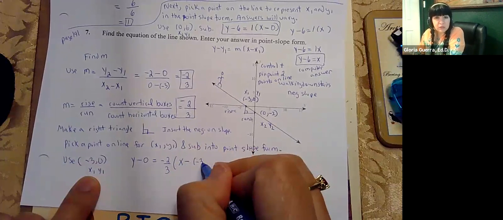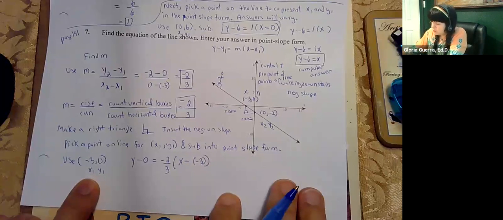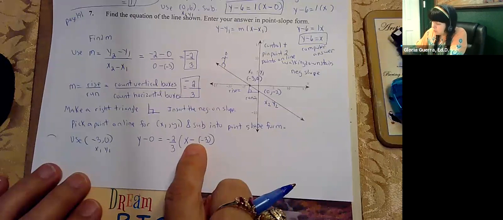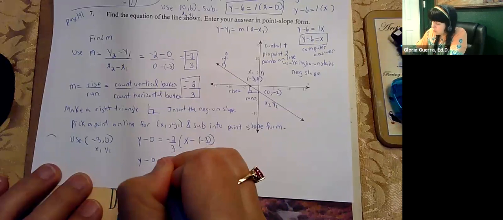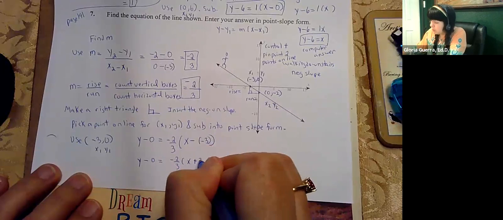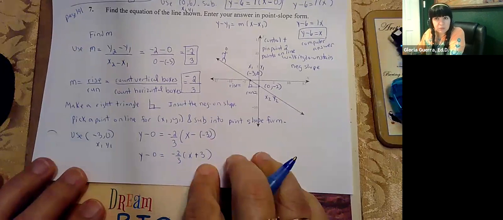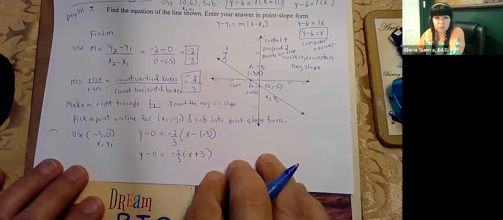And then just to clean it up a bit, in math, 2 negatives make a positive. Y minus 0 equals -2/3 x plus 3. And then just to clean it up a little bit more, see how this is 0? The computer will complain.